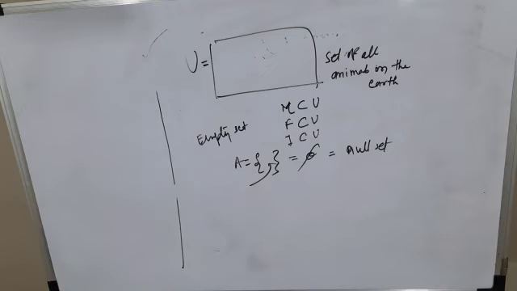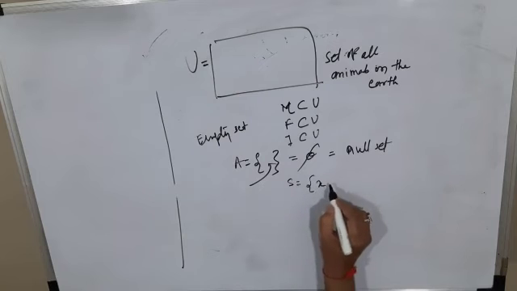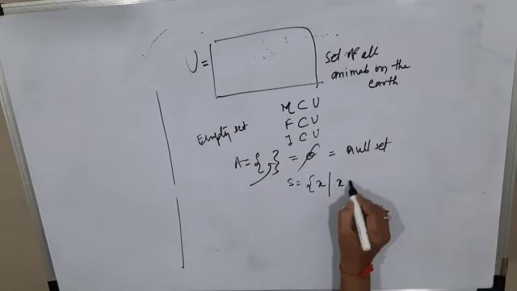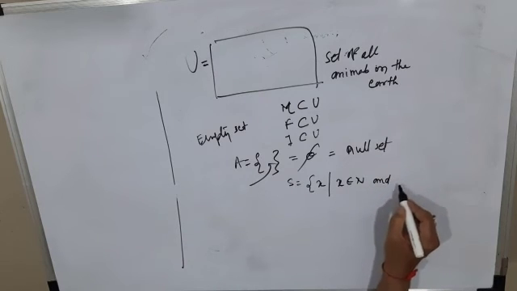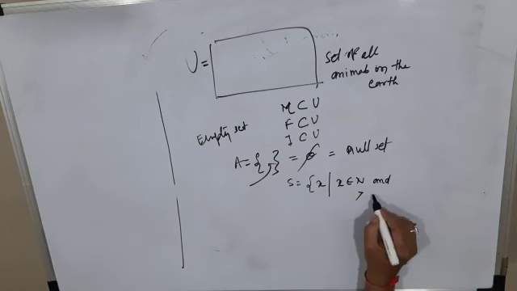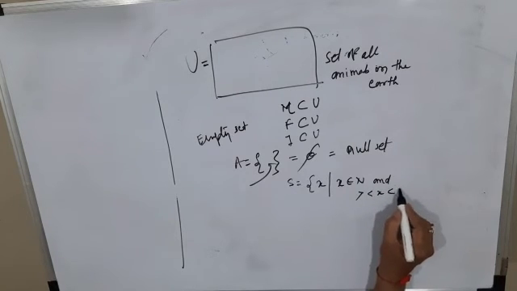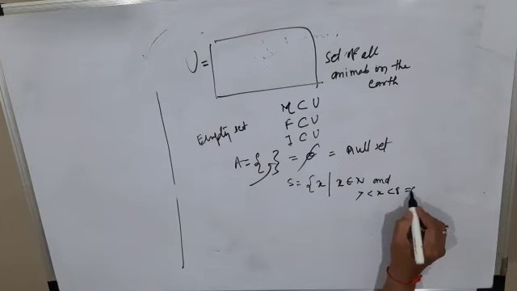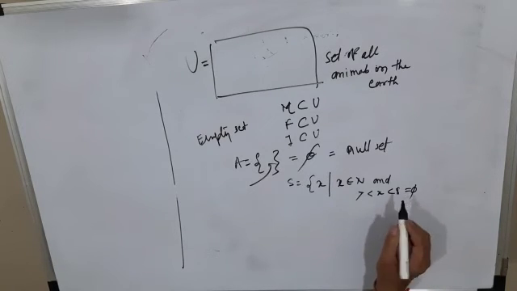So an example: if I say S is equal to X such that X belongs to N, and X is greater than 7 and less than 8, then it will be phi, isn't it?